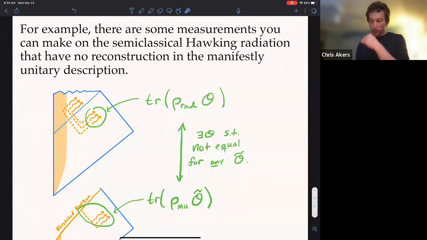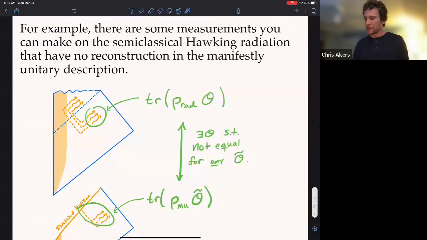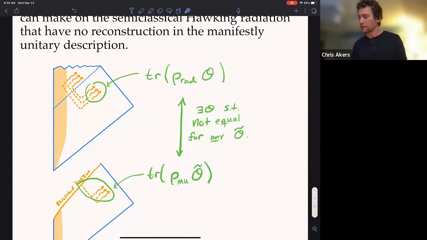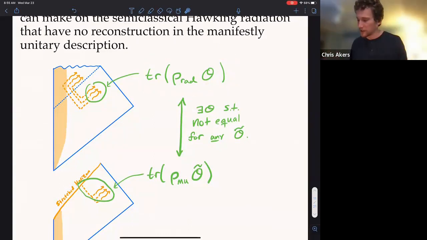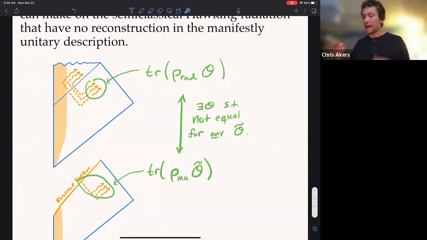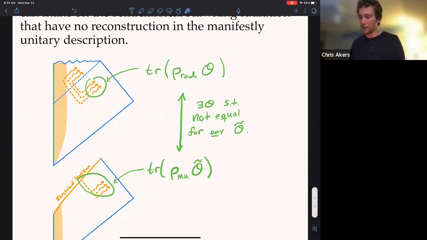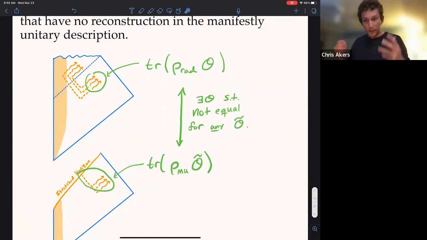There are certain complicated operators where, if you plug them into this formula, they would give you an answer consistent with the thermal expectation value of that operator, because in the semiclassical description, this radiation is just thermal. And that would not actually be the thing that you measured, right? Because the thing that you measured would be consistent with this radiation whose state is actually purifying.